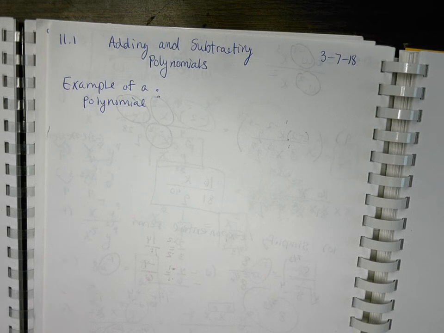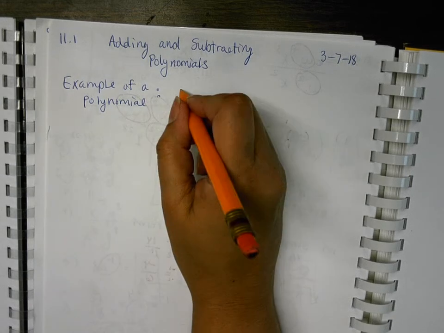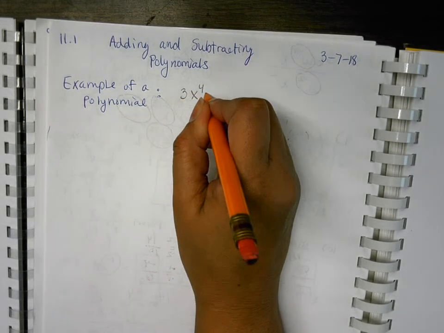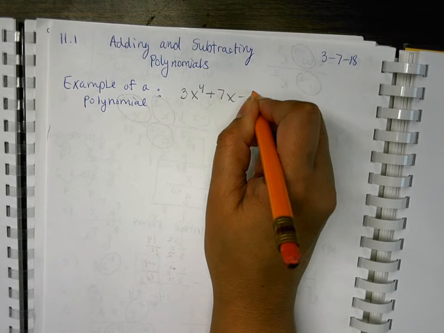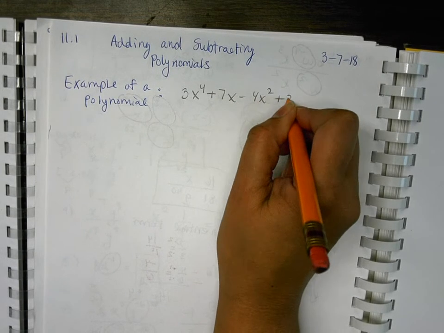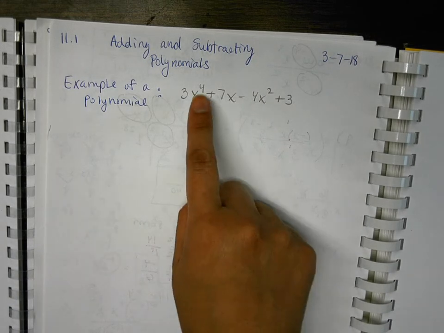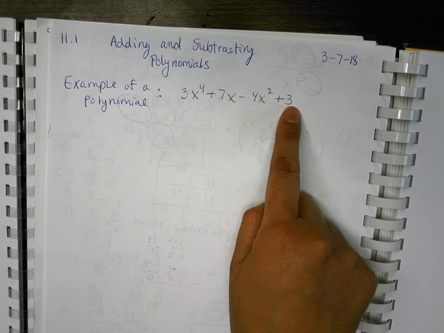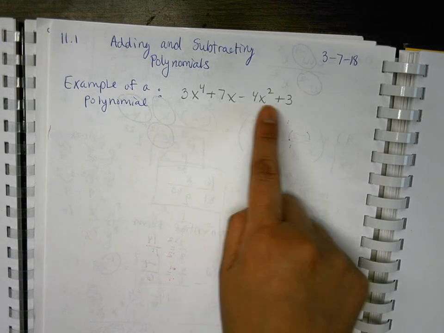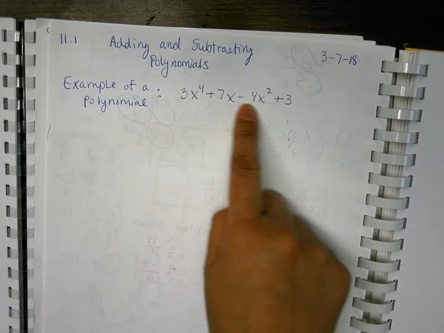An example of a polynomial is something like this: 3x to the fourth plus 7x minus 4x squared plus 3. All right, how many terms do I have here? You have 4 terms. Do you guys see that?